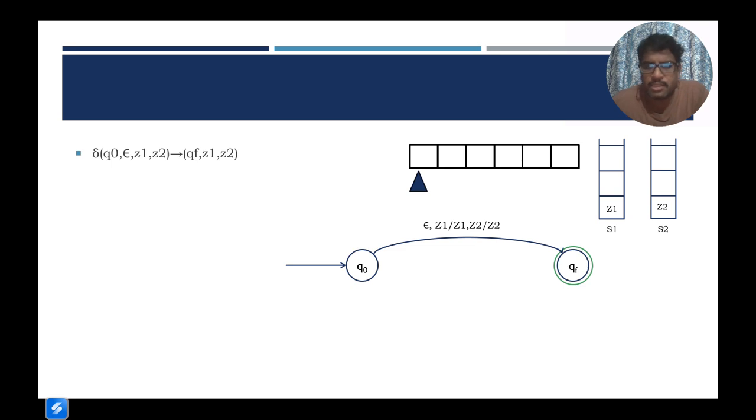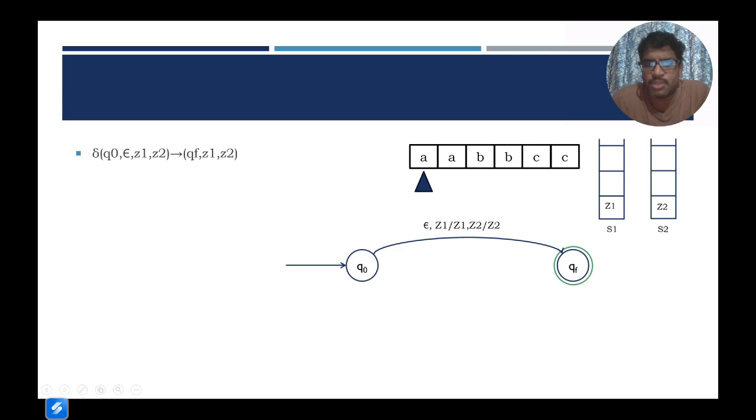Right, we are writing the input value, and the stack 1 and stack 2 values on the transition. Clear? Now I am going to consider the input string here. The input string is AABBCC.